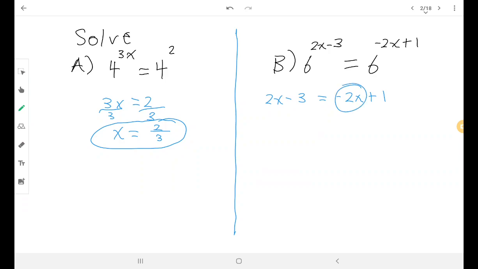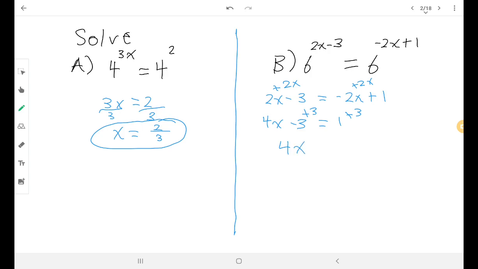So I think I'm going to look at this negative 2x and add 2x to both sides. That'll give me 4x minus 3 equals, this makes 0, so 0 plus 1 is just 1. And then I've got minus 3, so I'll do plus 3 on both sides. Always working towards getting the x by itself, and a good rule of thumb is to get rid of the things farther away that are on the same side of the equal sign.